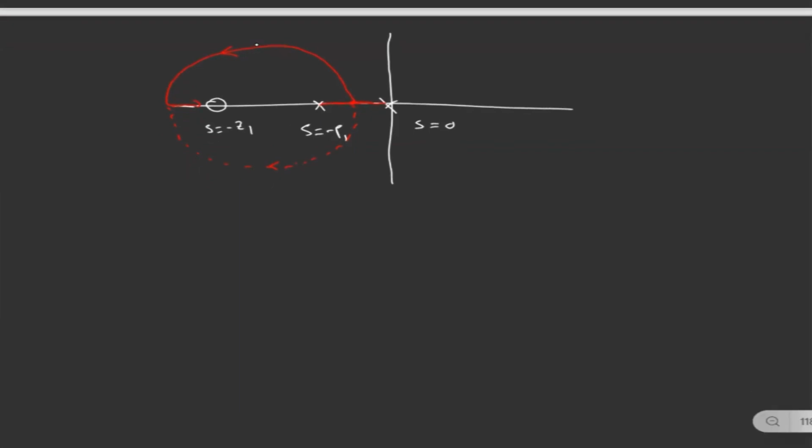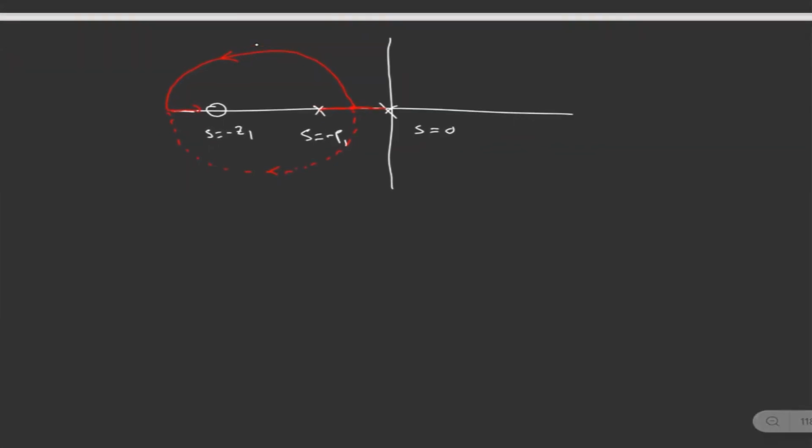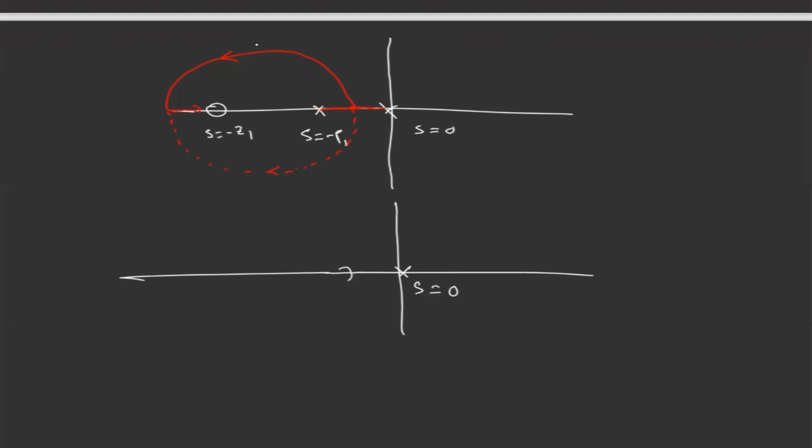And if you take another case, if you add a zero in between these poles, let's consider s equal to 0, and a zero here, s equal to minus Z1, and a pole here, s equal to minus P1.